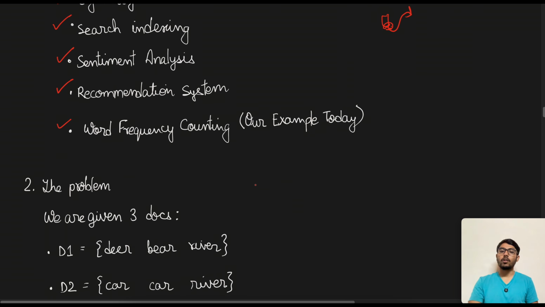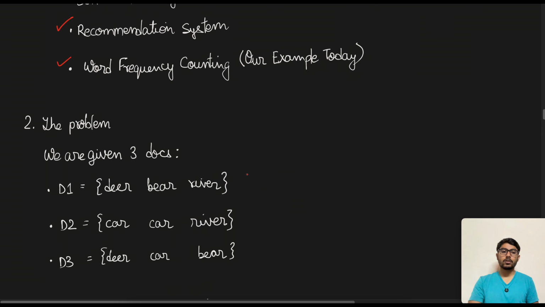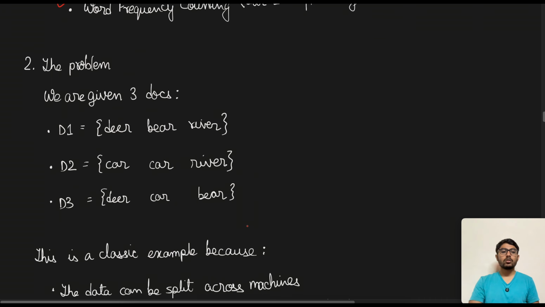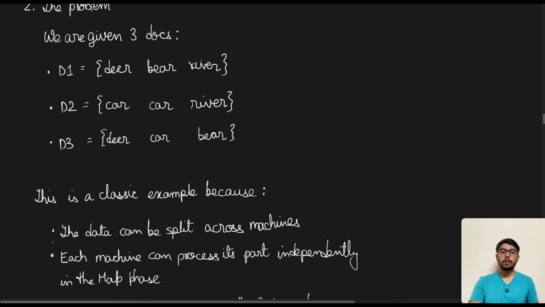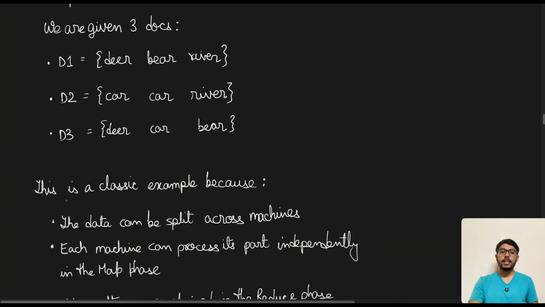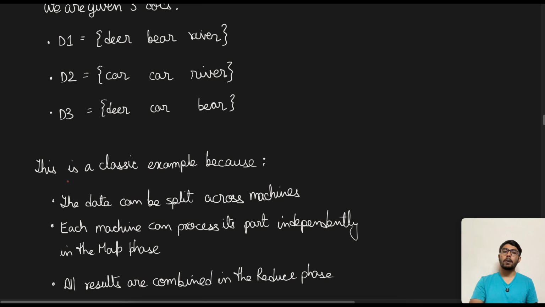Okay, so then we come to the problem itself. We are given three documents, right? The first one being deer beer river, document 2 being car river, and document 3 being deer car beer. So this is a classic example because the data can be split into multiple machines, and each machine can process its part independently in the map phase, which is counting.